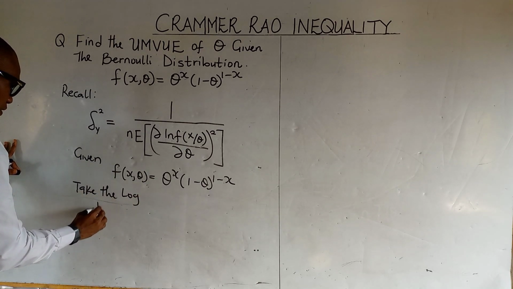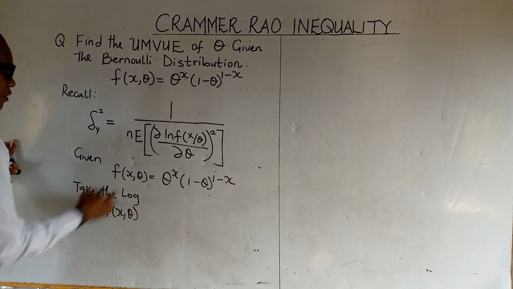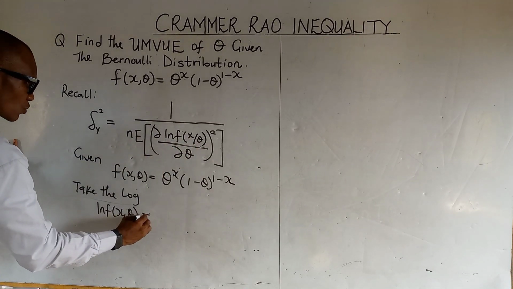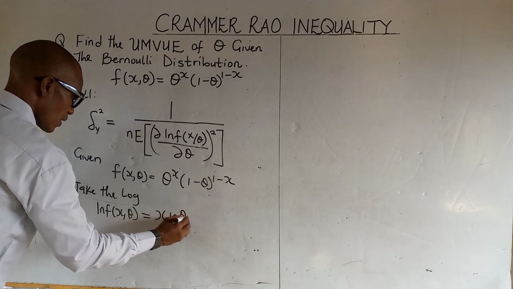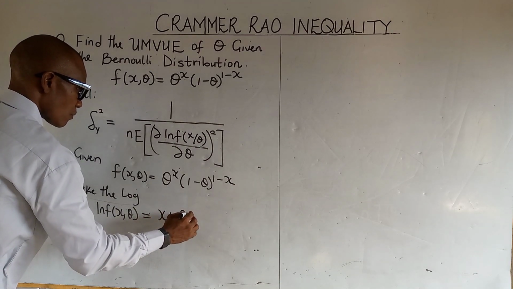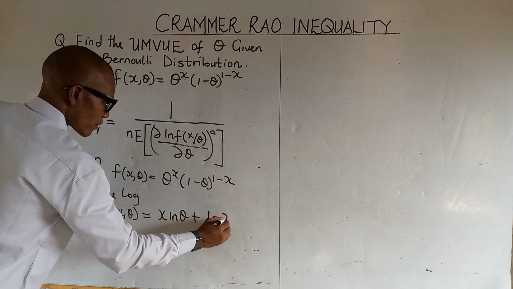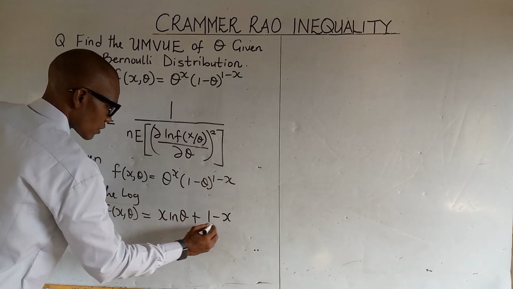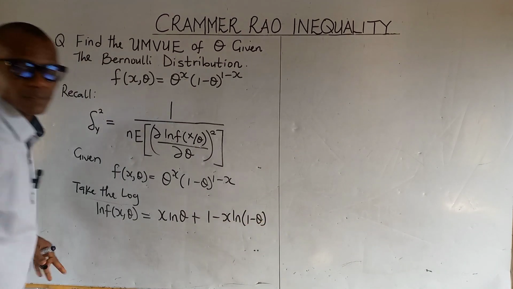If we take the log, it becomes x ln theta plus (1 - x) ln (1 - theta).